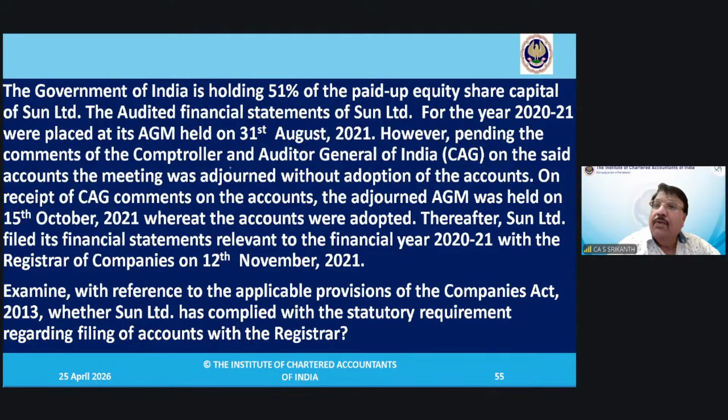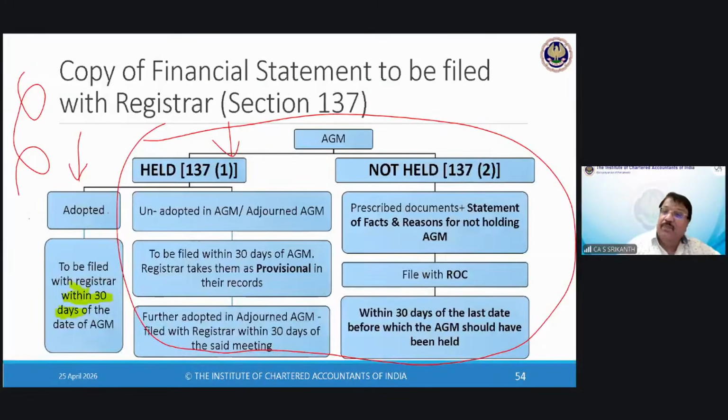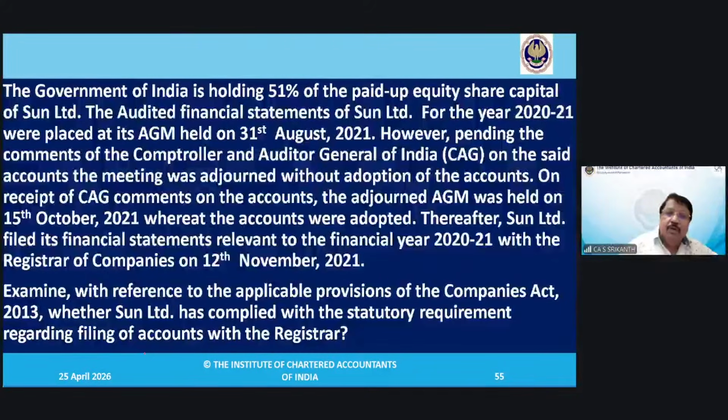Correct. So now the question is, which section will apply? Which subsection will apply? I don't know how 137(2) will apply. Shouldn't it be 137(1), where they held the AGM but the accounts were not adopted?